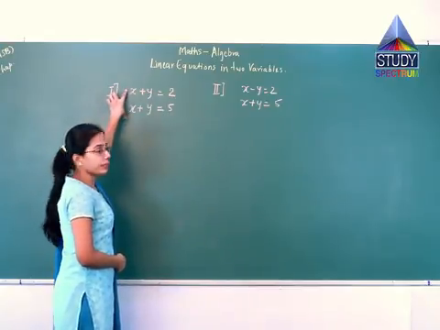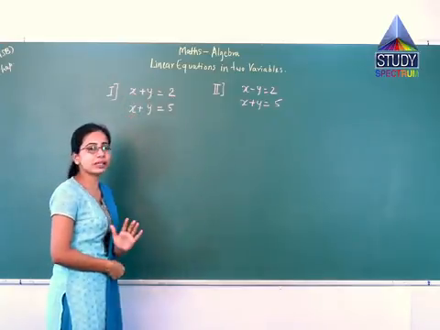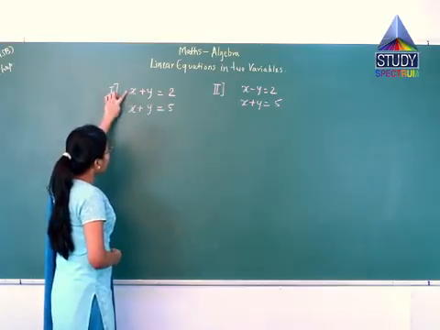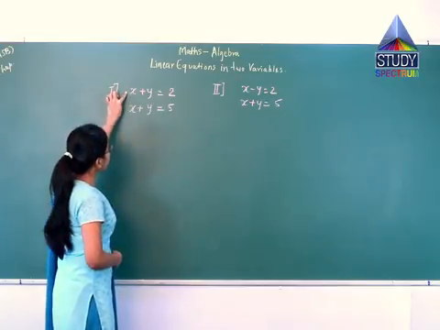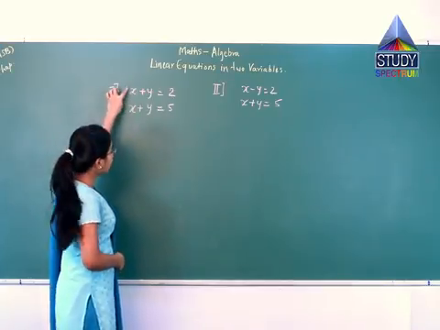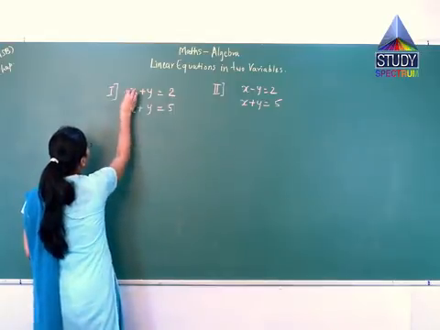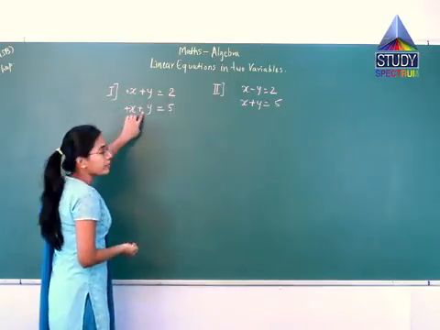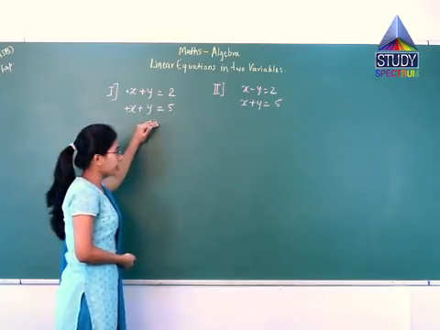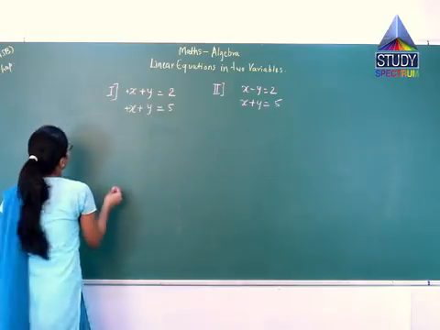In the first example, both x and y have similar sign. In the first equation and in the second equation x doesn't have any sign, that means it is a positive quantity. y also has a similar sign. Now in this case, in order to solve this equation, if we add the equations, what will happen? Let's see.